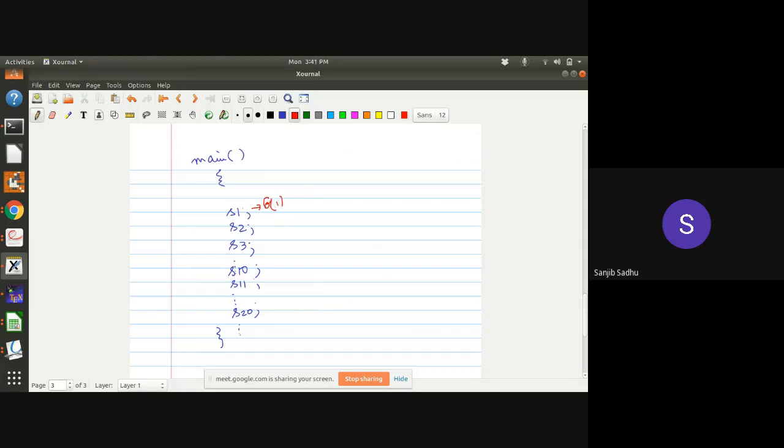S2 may be a for loop, which is big O of n if it executes n times: for i equal to 1 to i less than or equal to n, i plus plus, a equal to b, and c equal to 2 plus a.